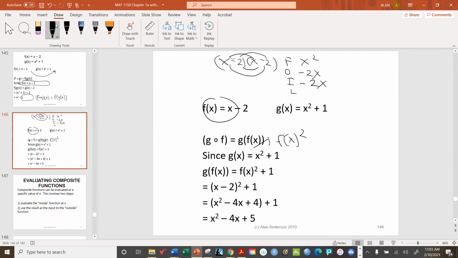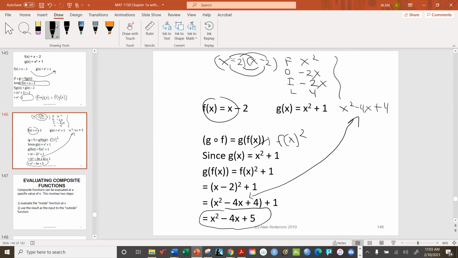Minus 2 times minus 2 is 4. And these you can consolidate into x squared minus 4x plus 4. And that's what we see here in these parentheses. And of course, we still have this 1. And when we bring these together, we end up with x squared minus 4x plus 5.